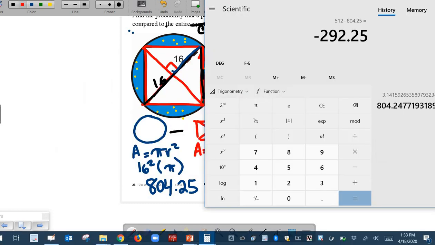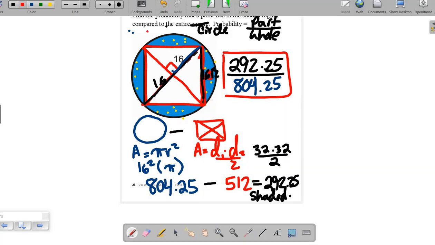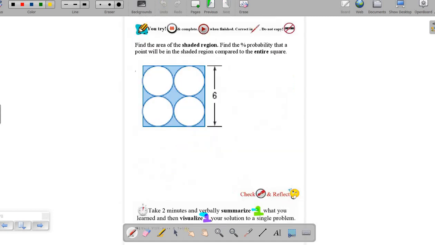So I simply take that 292.25 and I'm dividing by 804.25, part over whole, and there is a 36% probability that a point will land in the shaded region compared to the area of the entire circle, a 36% chance. This page you're going to do on your own. Pause the video, read the instructions, do the work, restart.